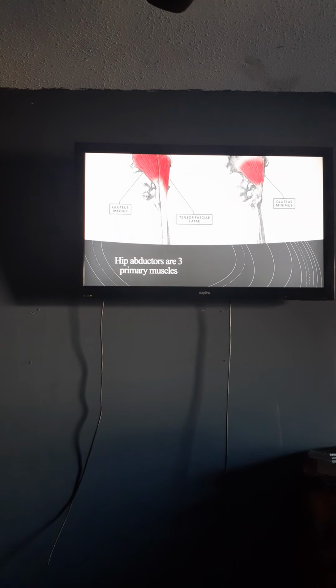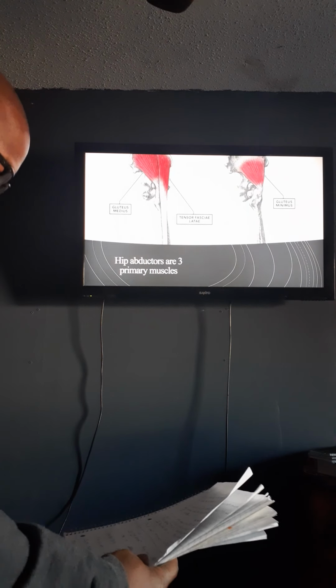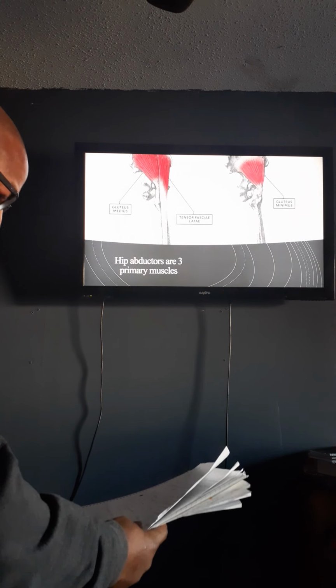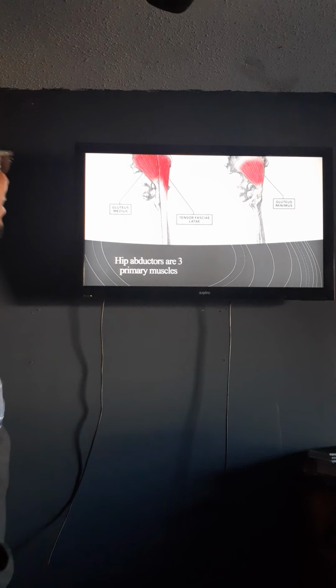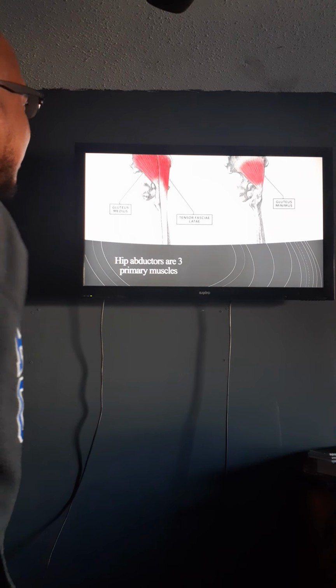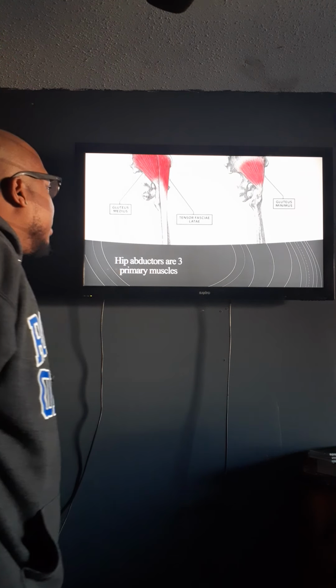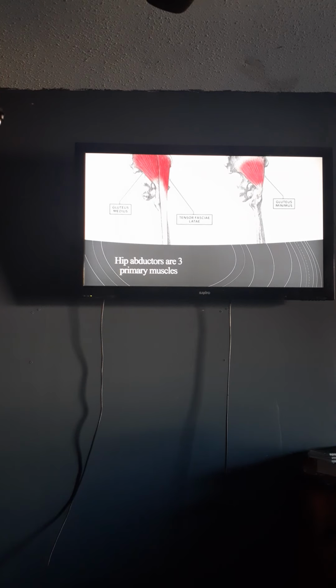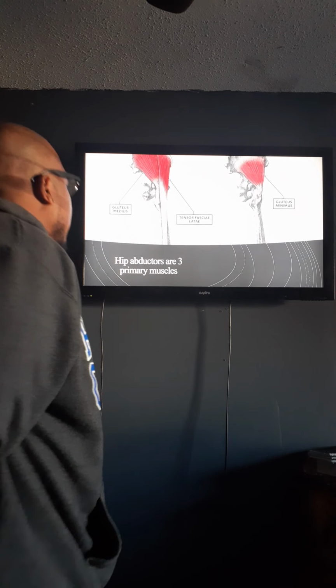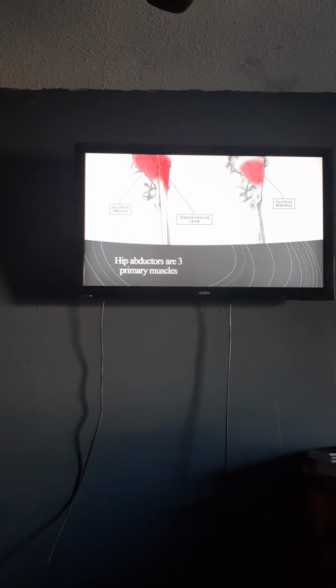All right, so hip abductors are the gluteus medius, the tensor fasciae latae, and the gluteus minimus. These are basically the 3 primary muscles in the hip abductors.